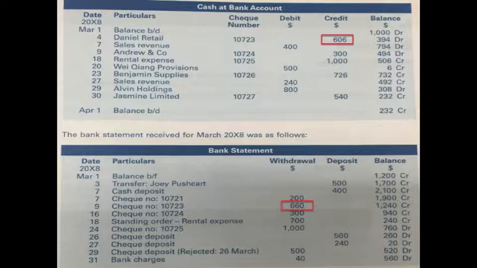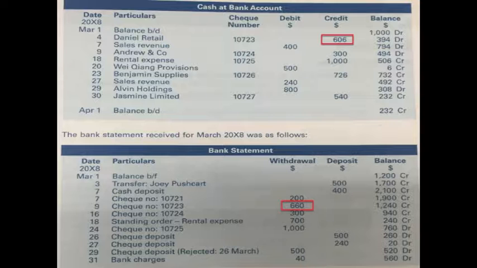Okay, so therefore, we do not update our cash book with that withdrawal of $200. Next, we try to compare our bank statement again, and we try to look at our cash book. And we realize that in our bank statement, there is a $660 withdrawal. On the other hand, in our cash book it is actually $606 credit. Okay, there is a difference of $54. So what happened is that the accountant actually recorded wrongly in our cash book, whereas our bank statement reflected the correct withdrawal.